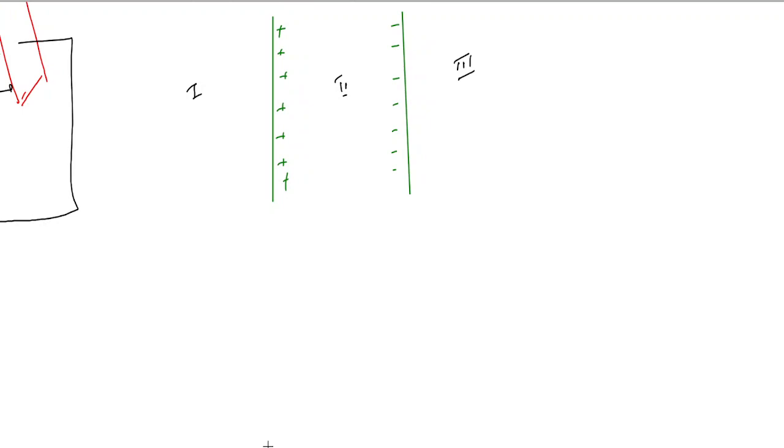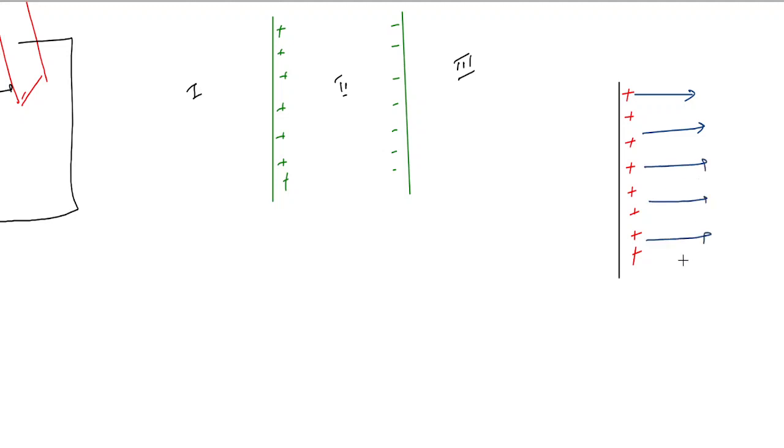Before that, if you have a single conductor with charge on one side, for example, say charge is positive on this side, we learned that this conductor would create a field in both directions. So electric field will be going out like this, and this field is uniform, it goes to infinity, and this field here is equal to sigma by 2 epsilon naught.